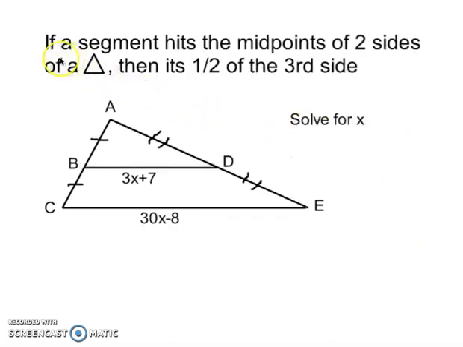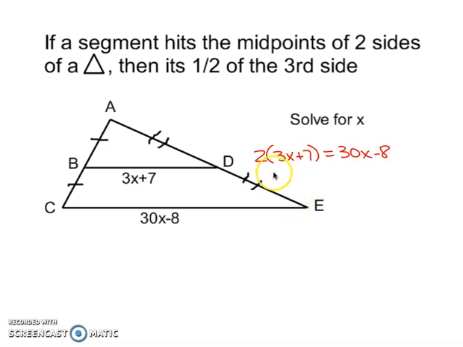On our last example here, it says if a segment hits the midpoints of two sides of a triangle, then it's half of the third side. So we can see here, we've got our midpoints. Here's your 3x plus 7. So if this is half the length of this, then to solve for x, we can set it up by saying 2 times 3x plus 7 equals 30x minus 8.